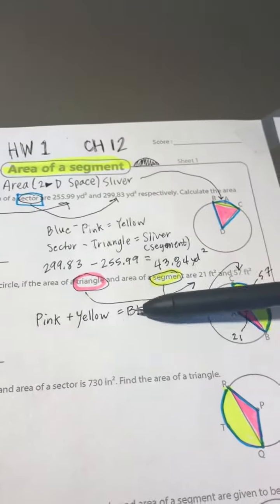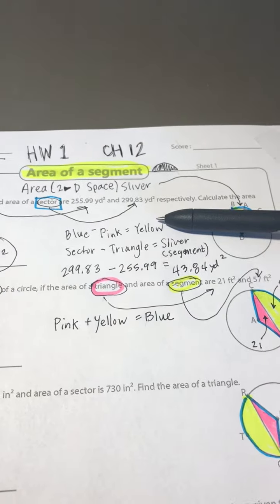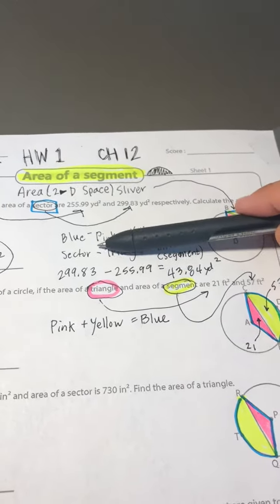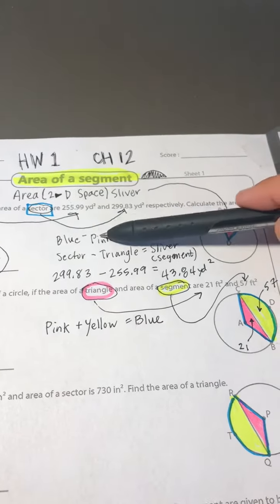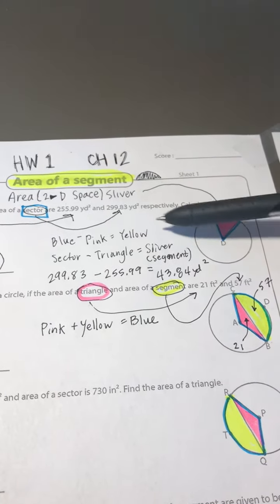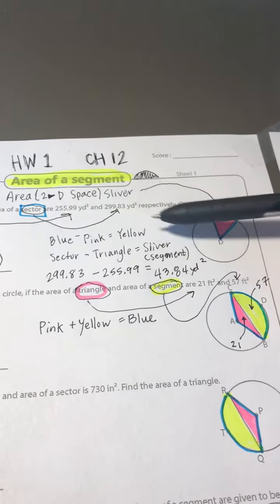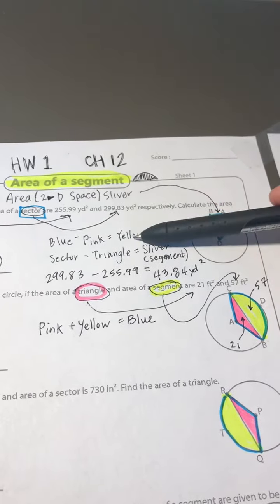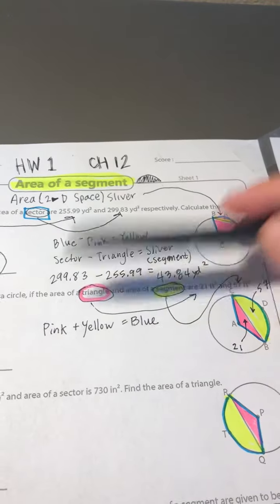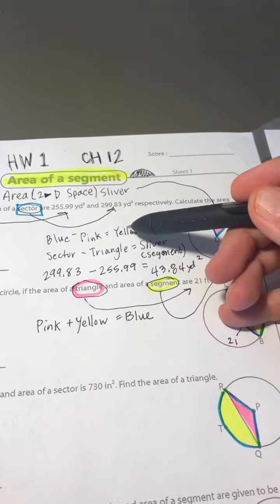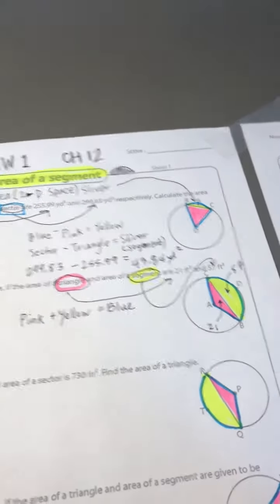And we can compare this formula with the formula we had before. Notice if we added pink to both sides, we would get blue on one side, kind of like we have blue on one side here. And if we added pink to both sides, we'd get yellow plus pink, which is exactly pink and yellow. Pretty much the same formula, it just looks a little different.